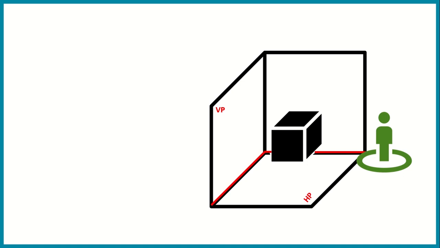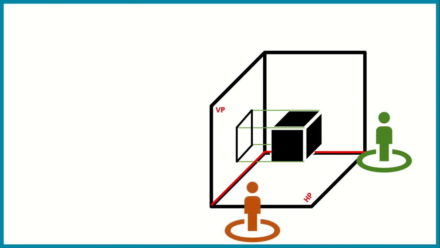If we were to stand in front of this cube and project parallel lines so that they continue until they hit the vertical plane, we are then able to create a projection of what the front of the cube looks like on that plane.